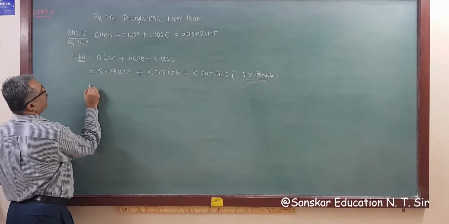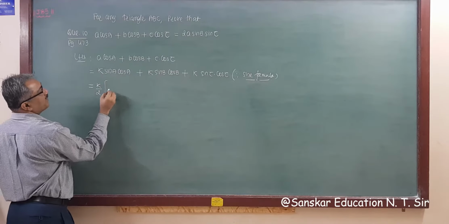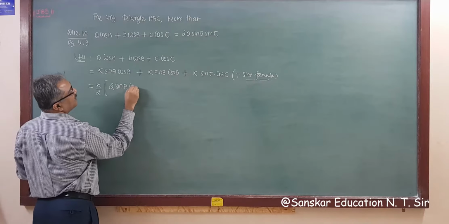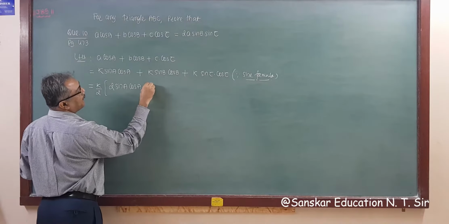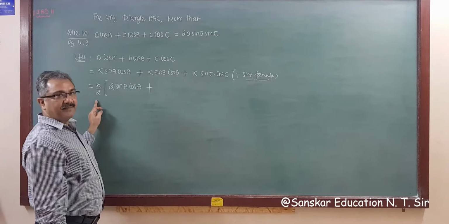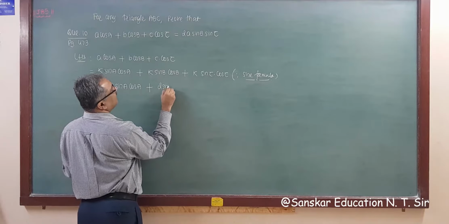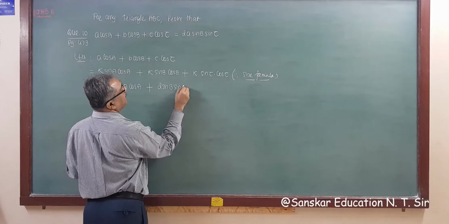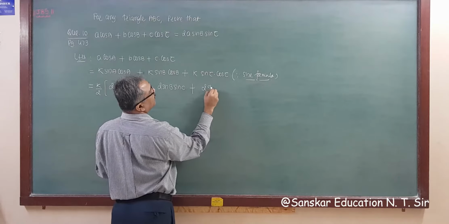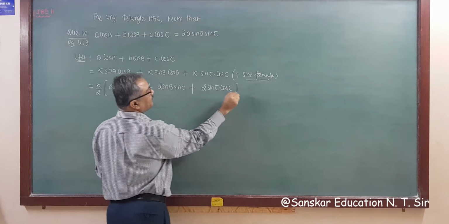So taking K common and dividing by 2 and also multiplying by 2, I multiply by 2 this. So this is 2 sin A cos A, plus, we have to take K common, so K is here. We divide by 2, so we have to multiply by 2 here also. So this is 2 sin B cos B, plus again same thing, 2 sin C cos C, right?